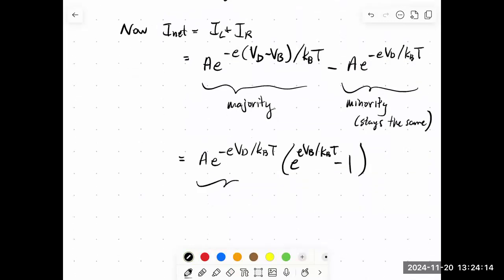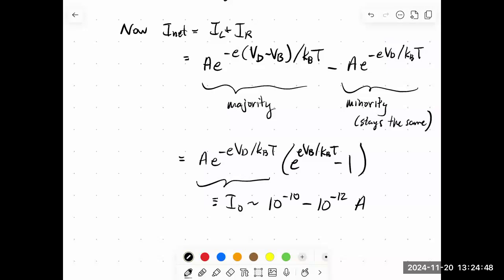All right. This thing in front of the brackets is usually denoted just as I0. And its value is going to be determined by, say, the doping level of the diode on the P and N regions, and whatever this resulting depletion potential is. It's typically around 10 to the -10 to 10 to the -12 amps.